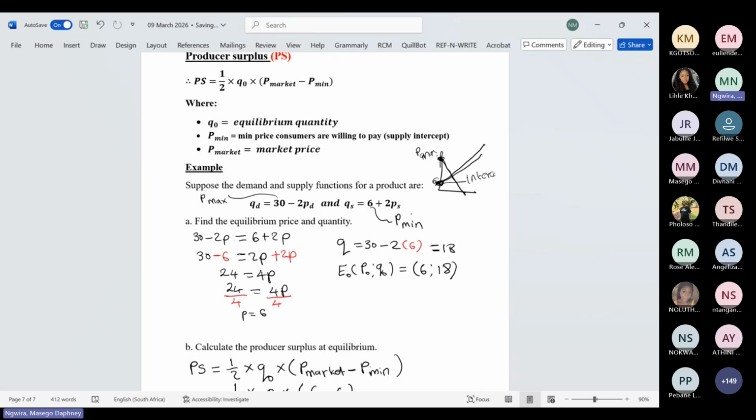When I ask you to calculate the consumer surplus, it's always the maximum minus your market price, because the maximum will always be bigger than your market price. But for a producer, the market price will always be bigger than your minimum price. Okay, thank you.